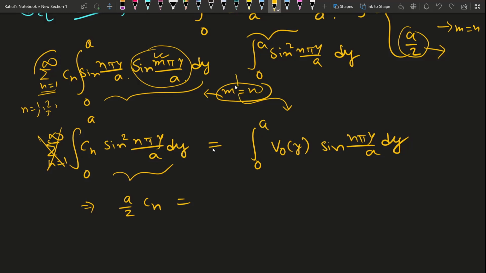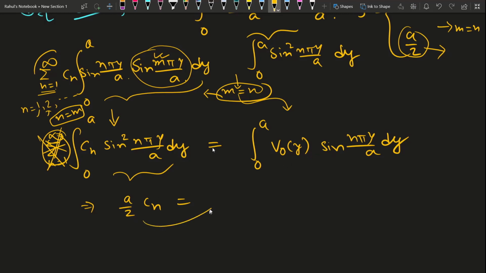Only when m matches n will this integral be a finite number, and otherwise it will become 0. So all the other terms will become 0, and only when n equals m will that term exist, and that term is nothing but this. So there will be no summation here. Now a by 2 into Cn is equal to this.